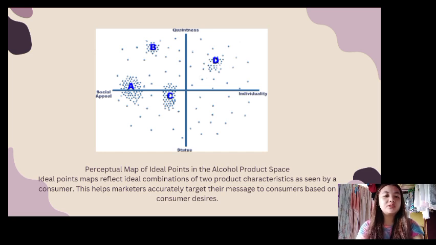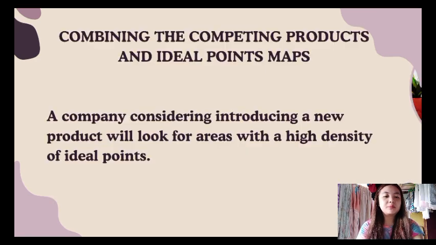Combining the competing products and ideal points map, a company considering introducing a new product will look for areas with a high density of ideal points. They will also look for areas without competitive rivals. Perceptual maps need not come from a detailed study. There are also intuitive maps, also called judgmental maps or consensus maps, that are created by the marketers based on their understanding of their industry.